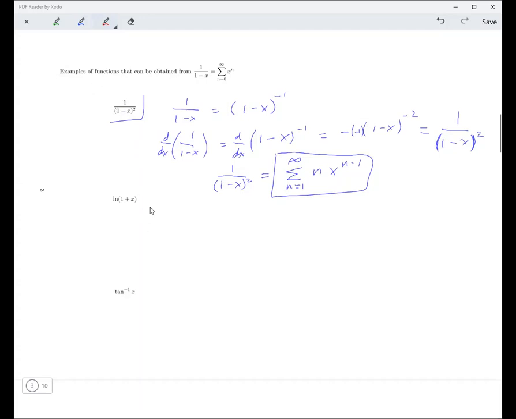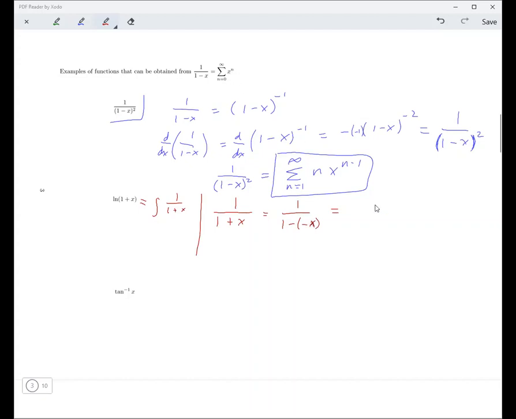Okay. The second part, this is the integral of 1 over 1 plus x. Okay, so you realize that what you can do is 1 over 1 plus x is the same as 1 over 1 minus a negative x. And if you compare this and this, you see the only difference is this x has been replaced with a negative x.